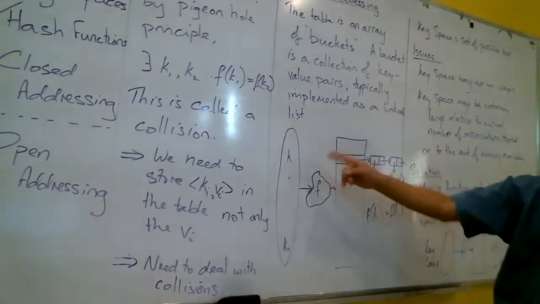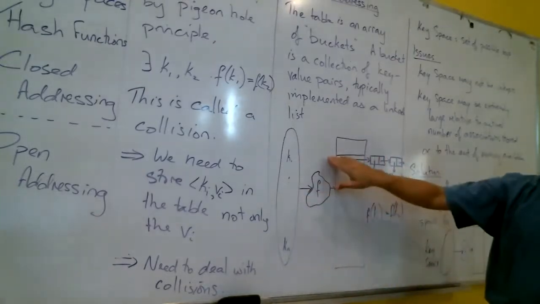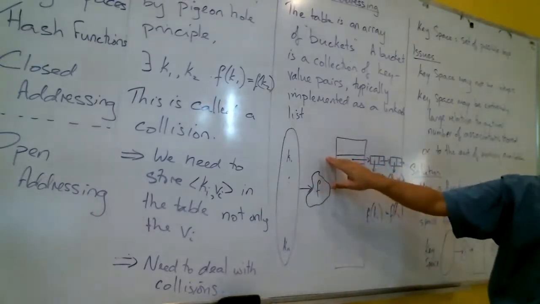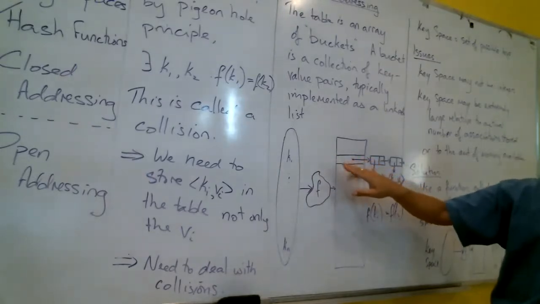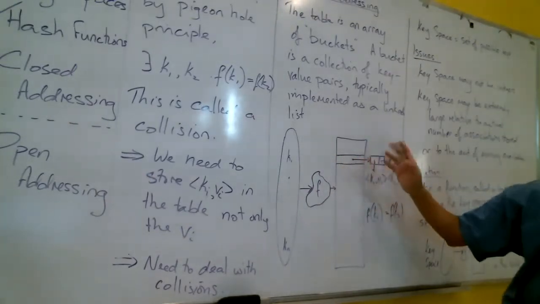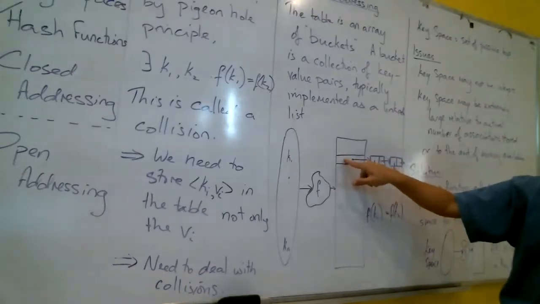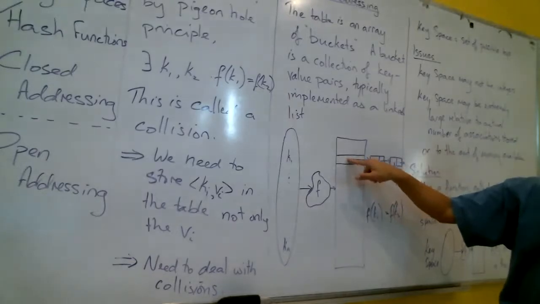So what would have happened is you'd have put K1 into F, you'd gotten a number out, and that number would have indicated where to store the key value pair. But because these entries are understood to be linked lists, we would not drop the key value pair directly into the table. Instead, it's basically the pointer to the head of that linked list.